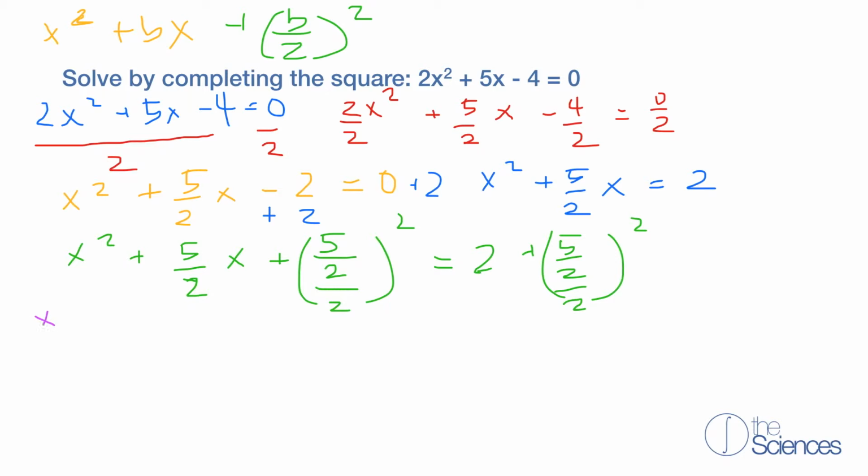So now we have x squared plus 5 over 2x plus, 5 over 2 divided by 2 is 5 over 4 squared, equals 2 plus 5 over 4 squared.